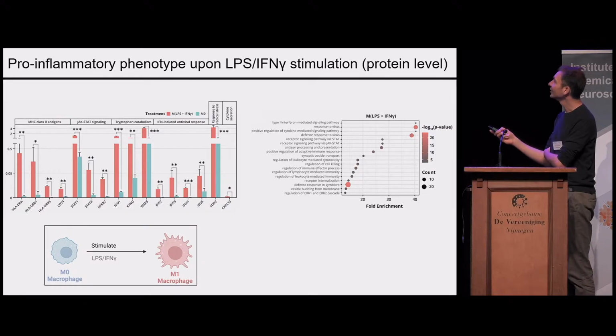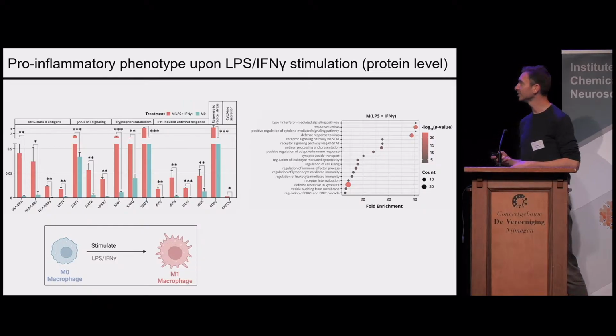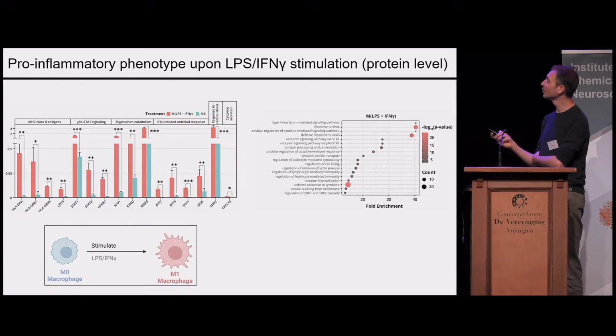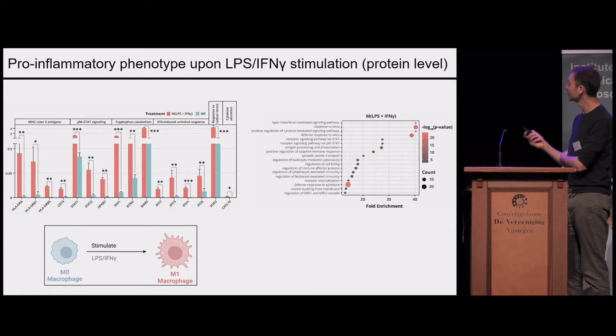Indeed we did: we saw several MHC class II antigens significantly elevated, but also JAK-STAT signaling and tryptophan metabolism. So we saw several markers of inflammation in these macrophages. We thought, okay, we have a good system to actually look at protein lipidation in this inflammatory response of these macrophages.